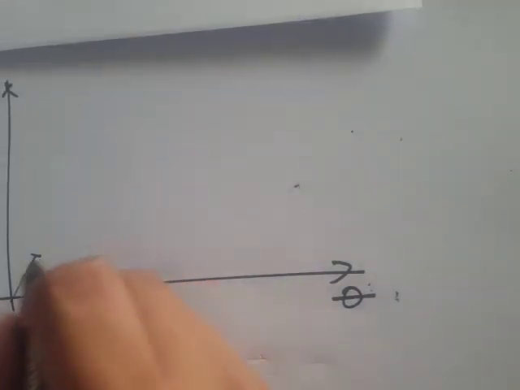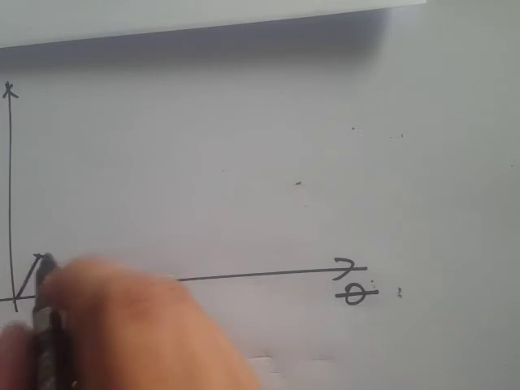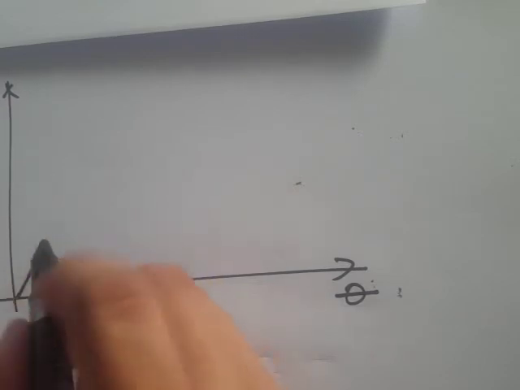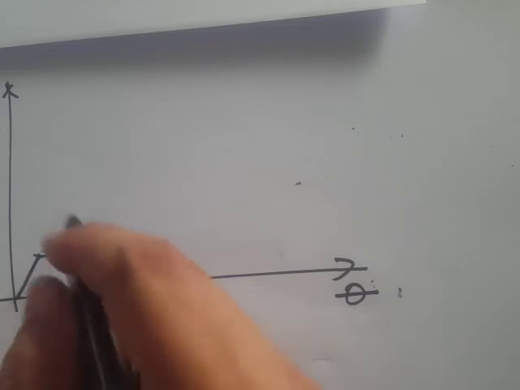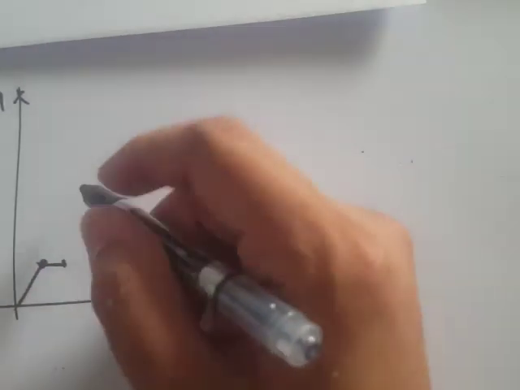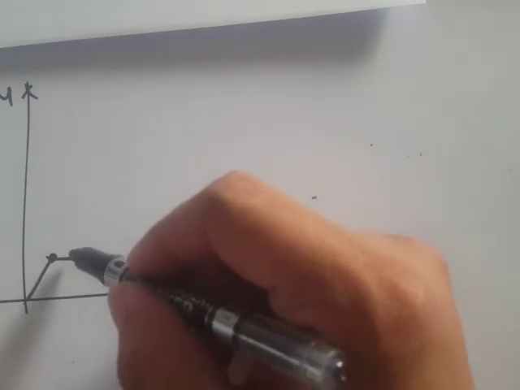Below the cracking moment, the behavior is going to be something like this. But once the cracking moment is reached, the concrete cracks, so the one carrying the tensile stresses would be the steel at this point.